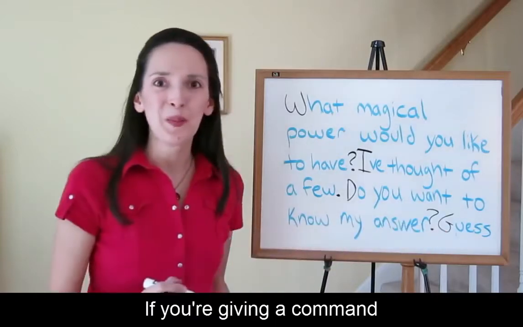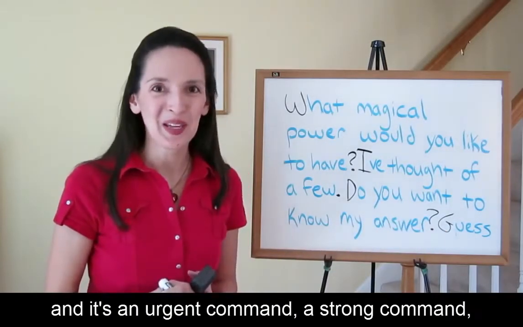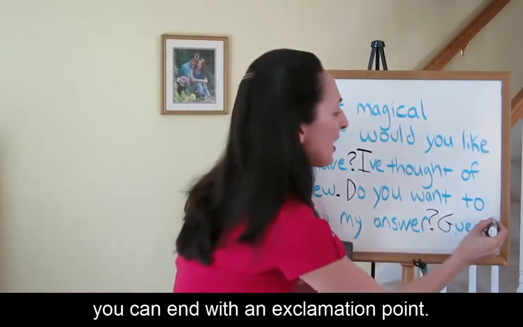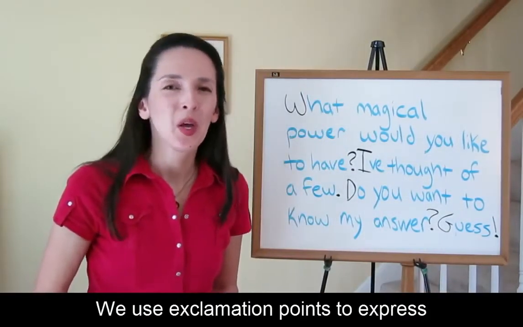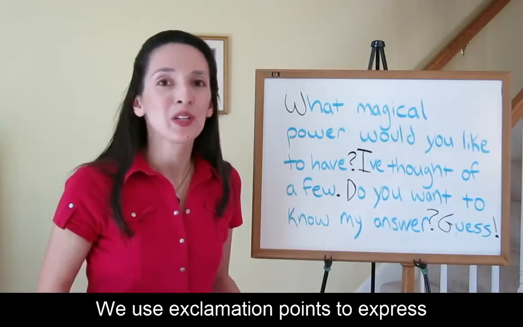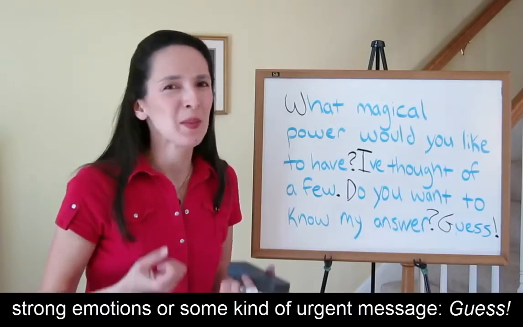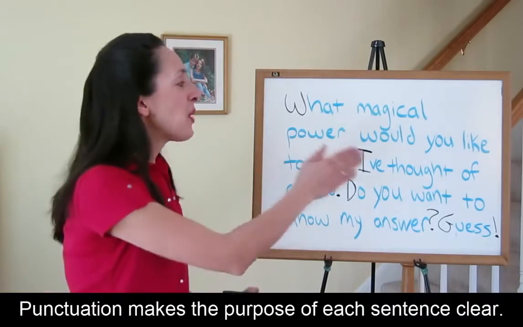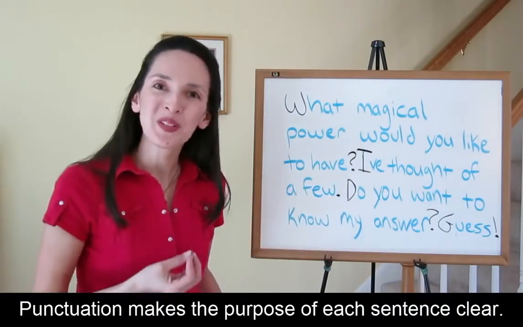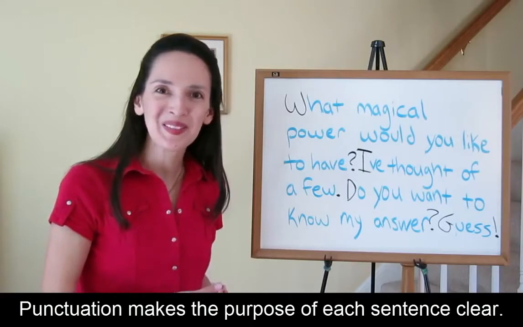Now, if you're giving a command and it's an urgent command, a strong command, you can end with an exclamation point. We use exclamation points to express strong emotion or some kind of urgent message. Guess. Okay? Punctuation makes the purpose of each sentence clear.